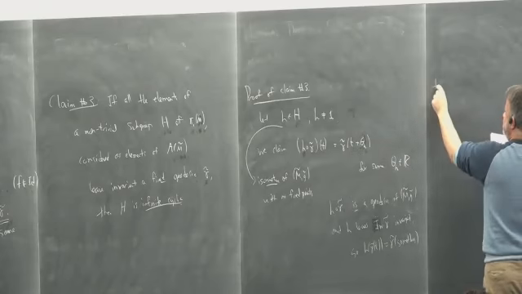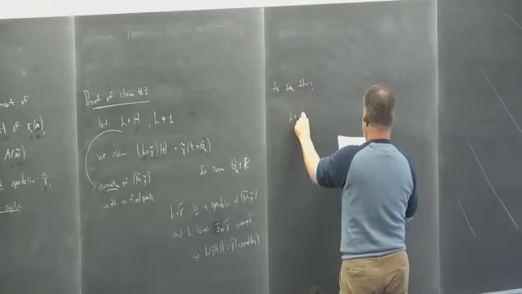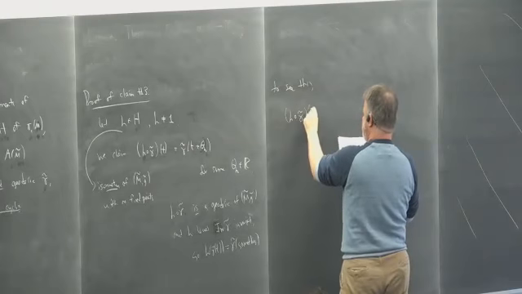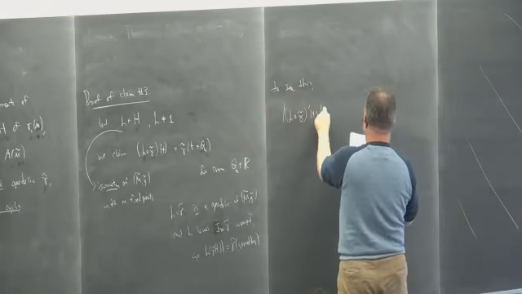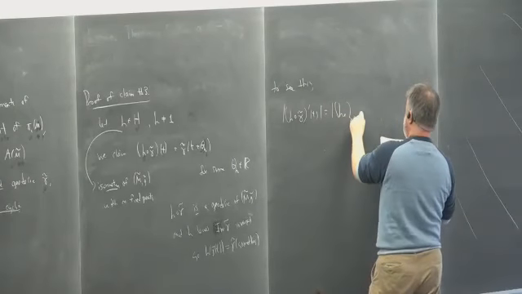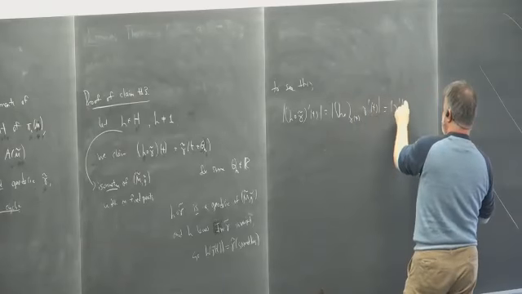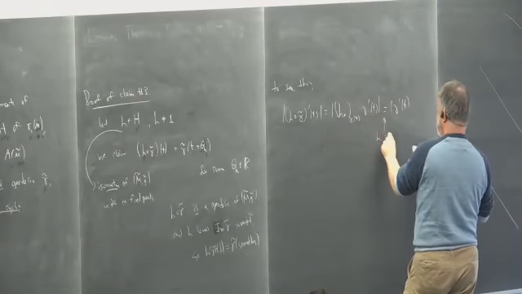So to see this, first of all, notice that if I look at the velocity, h composed gamma tilde prime is h star at gamma of t applied to gamma prime of t, and that's equal to gamma prime of t because h is an isometry.